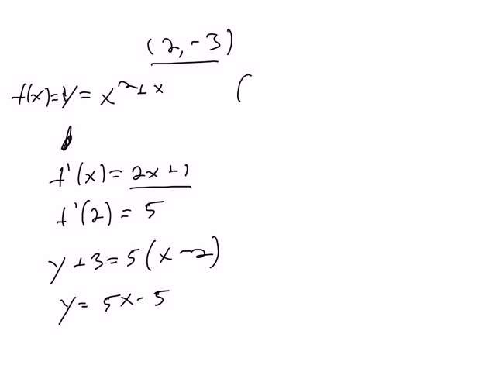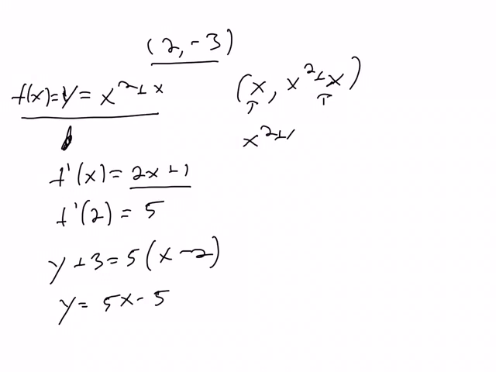The points look in this form: x and x squared plus x. Any point on this graph, the x coordinate is x and the y coordinate is this.